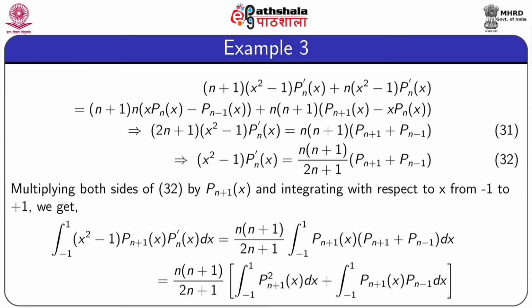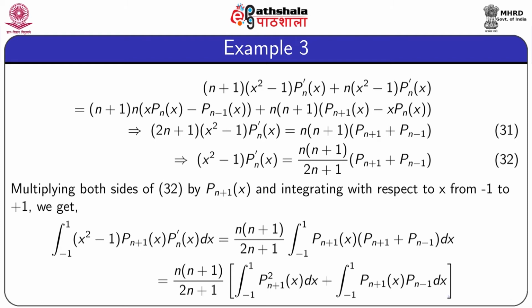If you simplify that, you will arrive at equation number 32, which says that (2n+1)(x² - 1)P'_n(x) is equal to n(n+1)[P_{n+1} + P_{n-1}].